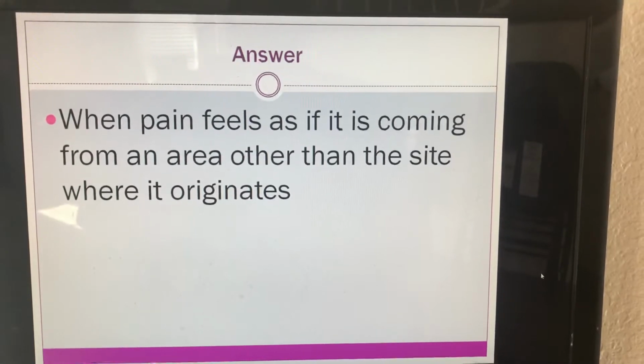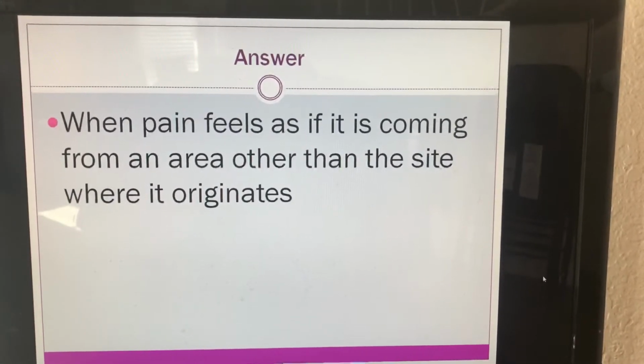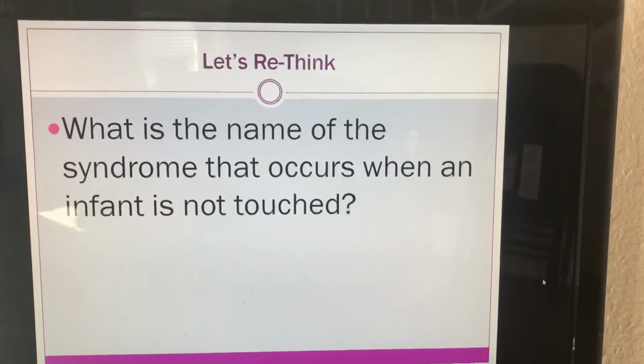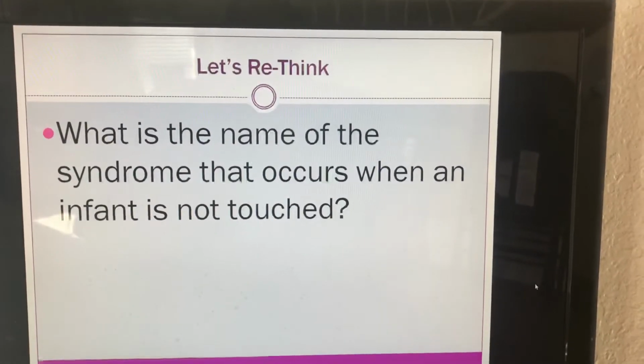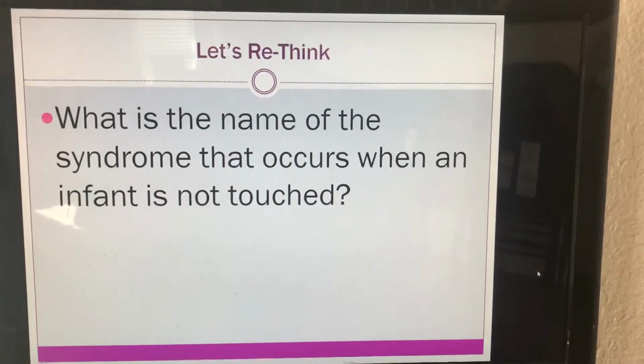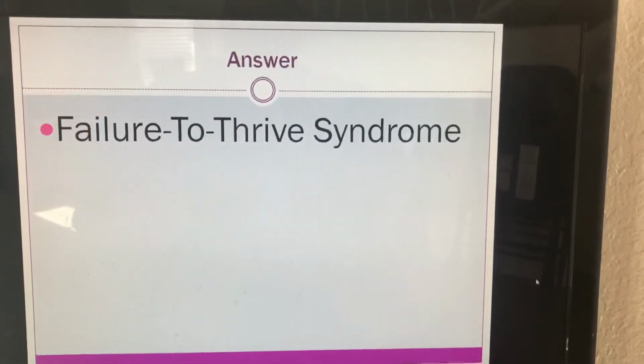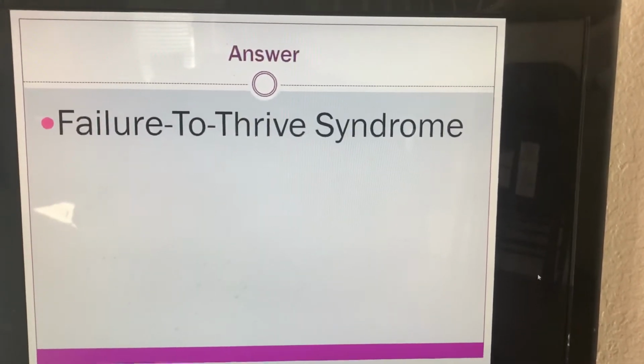Referred pain is when pain feels as if it is coming from an area other than the site where it originates. Let's rethink. What is the name of the syndrome that occurs when an infant is not touched? Failure to thrive syndrome. Good job.